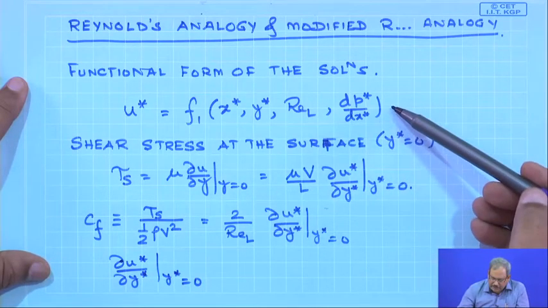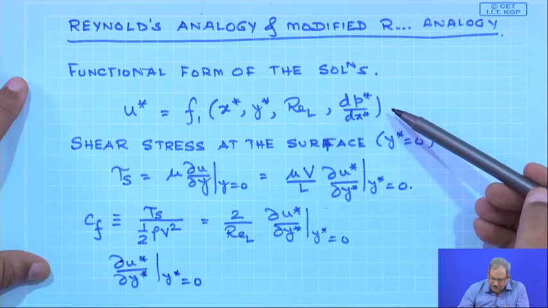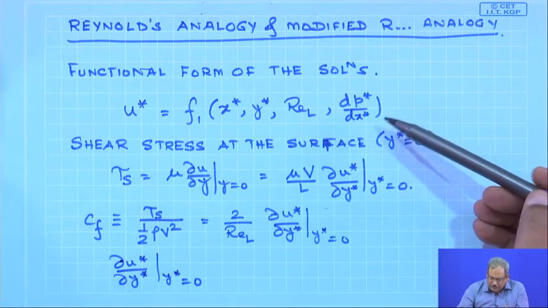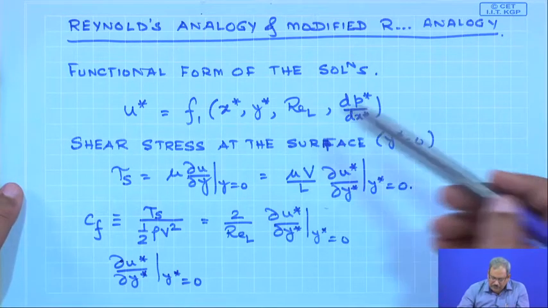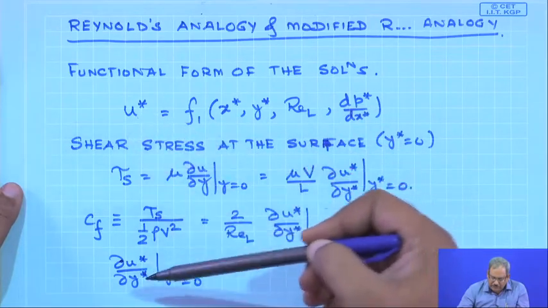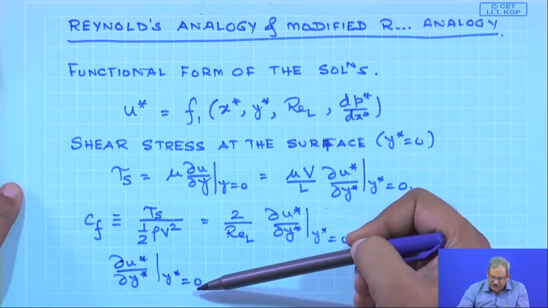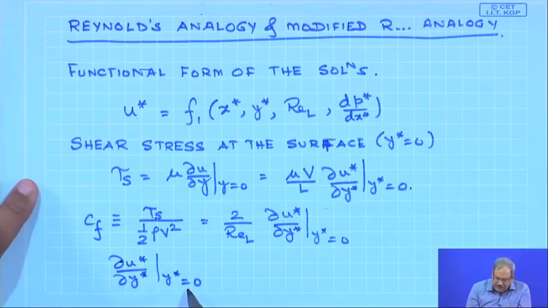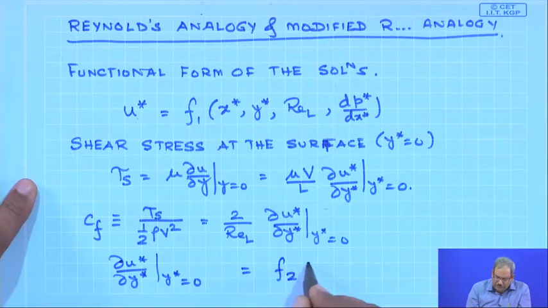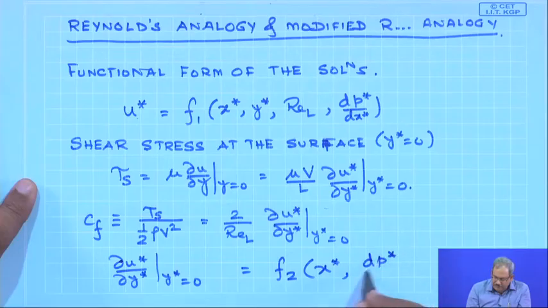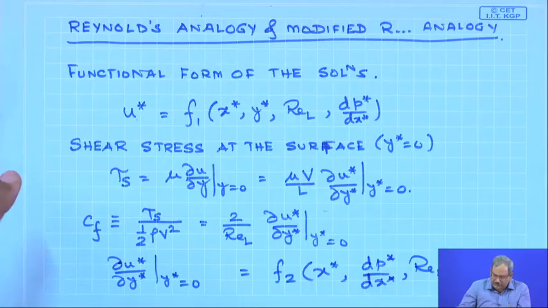So, if you look at the expression, the hypothetical functional form of u star, I am trying to find out del u star by del y star at y star equal to 0. Since I am assigning a specific value of y star to be equal to 0, this must be a function of x star, dp star by dx star and Reynolds number based on length.